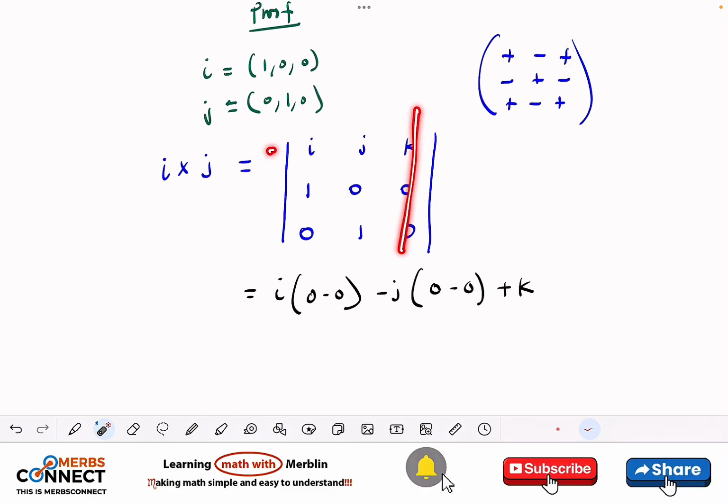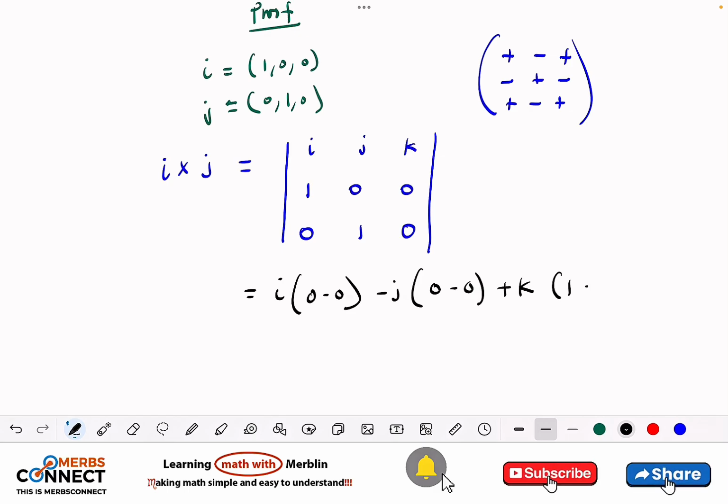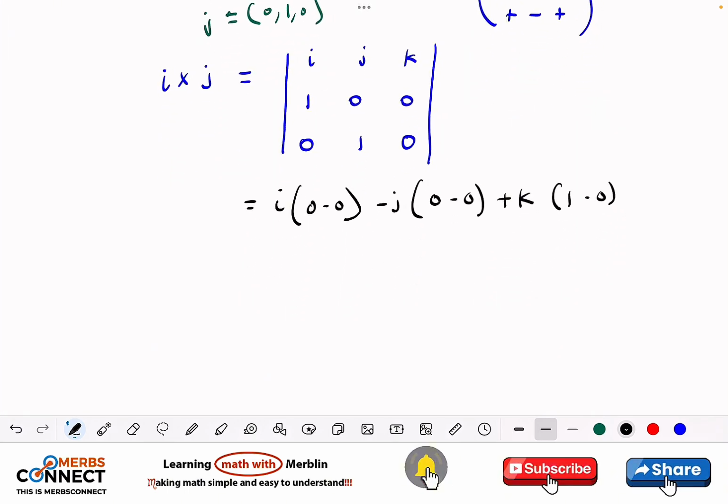When I cancel this, I have 1 times 1, which gives us 1, and 0 times 0 gives us 0. So basically, this is going to be 0i minus 0j plus k. 0i is 0, 0j is also 0. So this is going to give us k. That's what we are going to get.